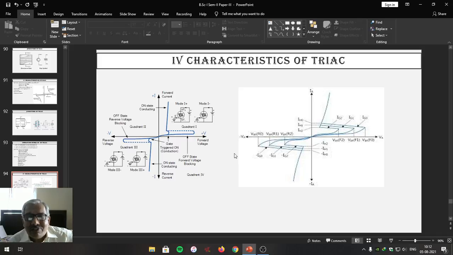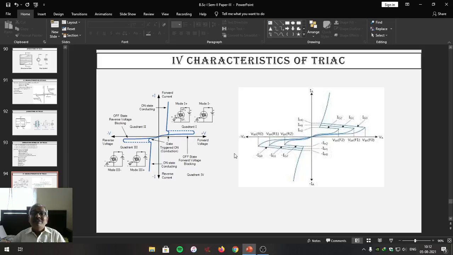Friends, that's all about the construction of the triac, working of the triac, IV characteristics of the triac, modes of operation of the triac, and specifications of the triac which are provided by the triac manufacturer, so that by using these specifications the circuit designer can use the triac within that particular rating.